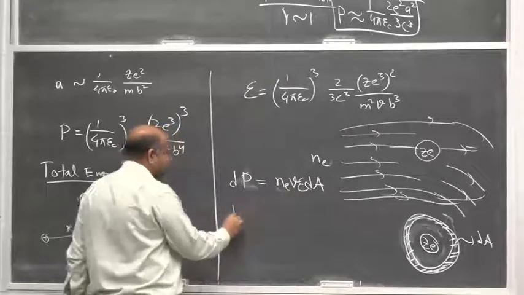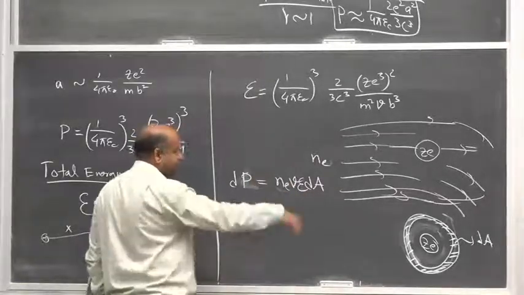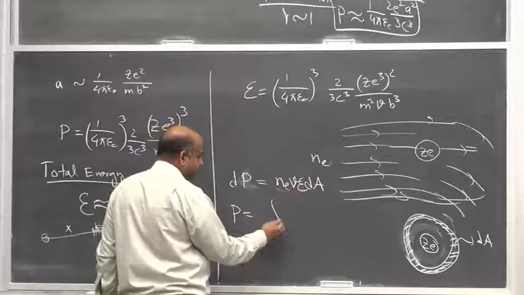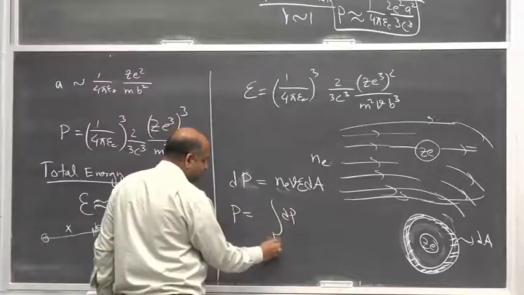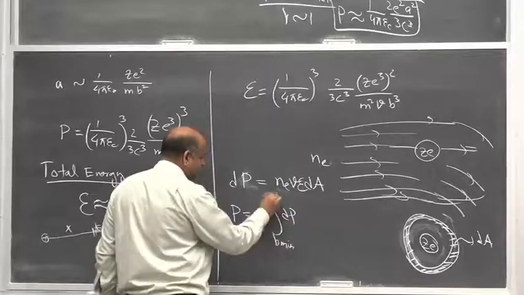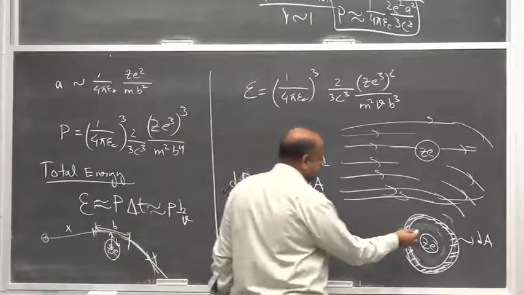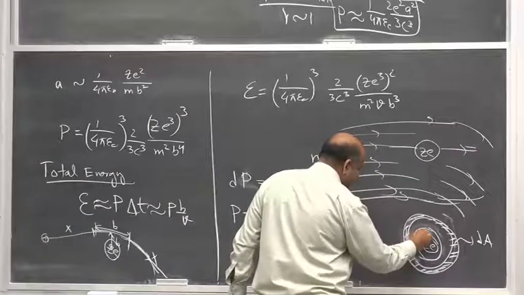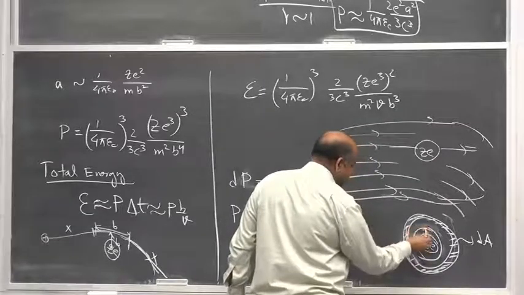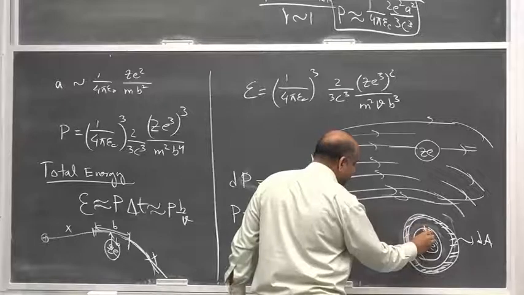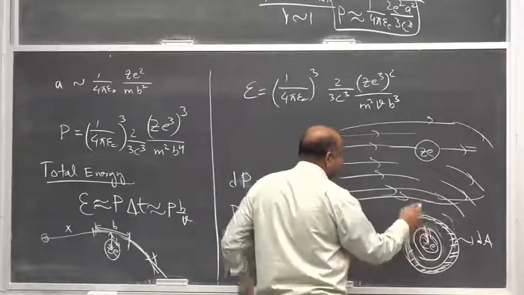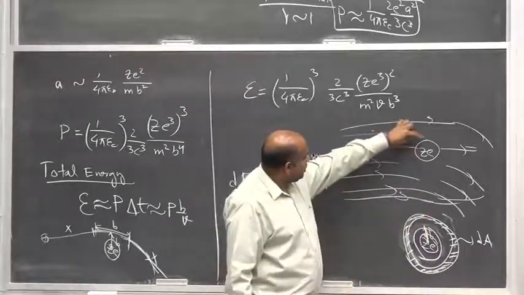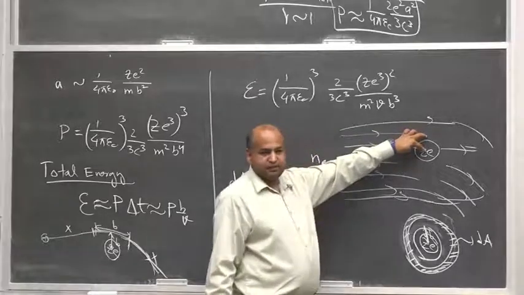And the total power emitted by all of this would be the particles passing through some minimum b. So this is the radius b. पार्टिकल जो है वो एक खास डिस्टेंस से ज़्यादा इसके करीब नहीं जा सकते.